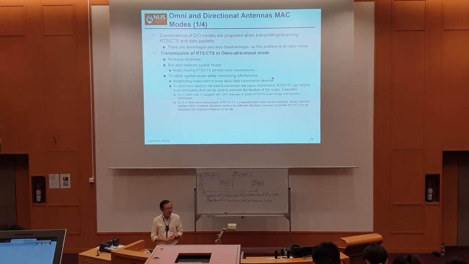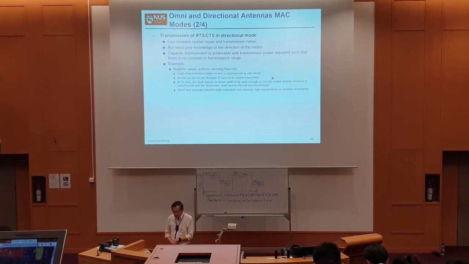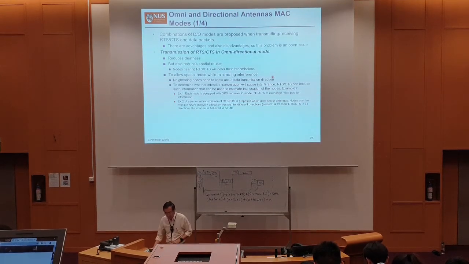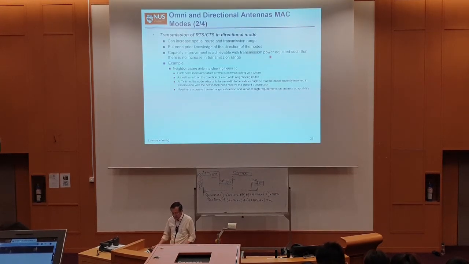I'm not going to read the smaller bullet points. The other alternative is O mode, omnidirectional mode. If it's in the directional mode, then it improves spatial reuse and transmission range because you can blast it further because it's narrower.